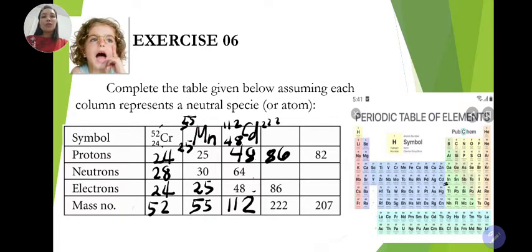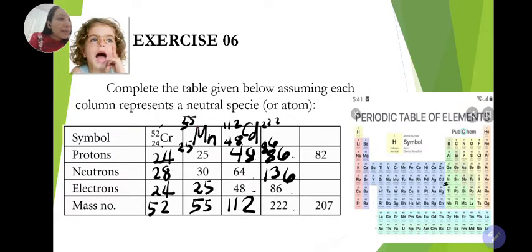Our electrons, which is equal to our number of protons, is 86. And then our neutrons will be the mass number minus the number of protons. So, that will be 136. 222 minus 86 is 136. So, our mass number is 222. Our atomic number is 86.